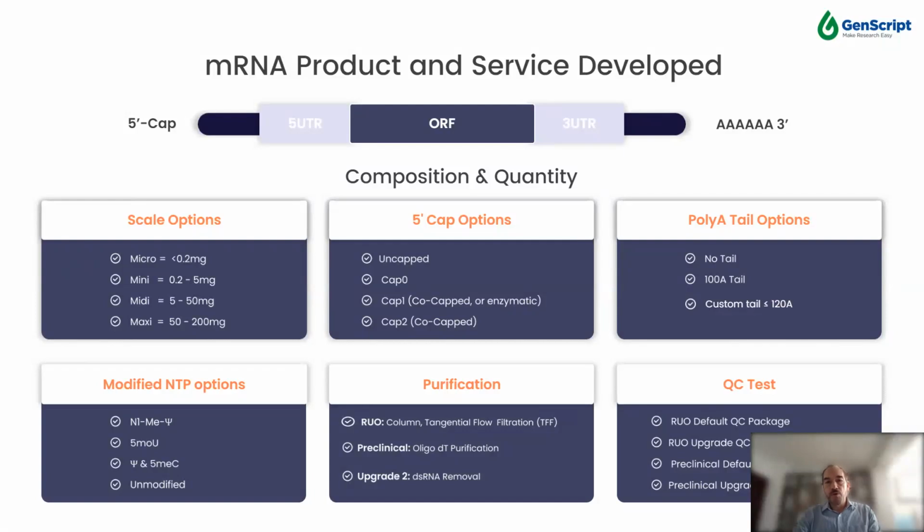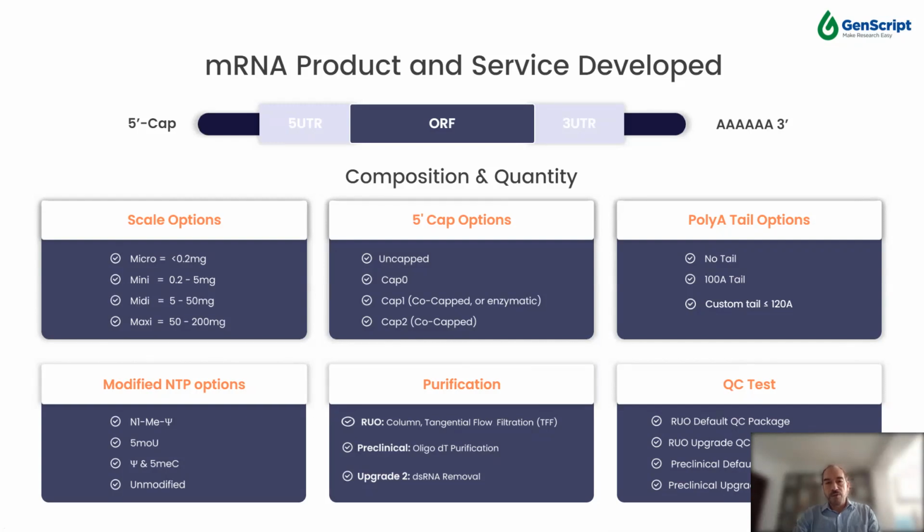These are some options we offer in our mRNA production service. We offer different scales. We offer different capping capabilities. We have poly-A tail options: no tail, a certain length tail, or 100 A tail, or something that is a different length of tail. We usually recommend it to be over 80 A's in the tail for stability.